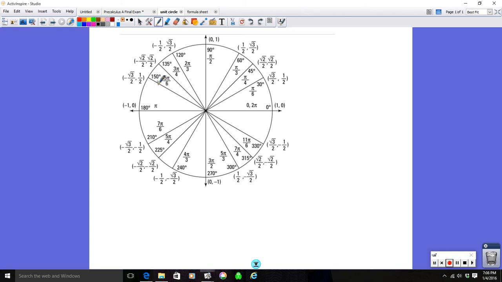Well, you can do a couple different things here. Tangent is normally sine over cosine. So cotangent is cosine over sine. So you don't have to make tangent first, because you can just do the negative root 3 over 2 divided by 1/2.